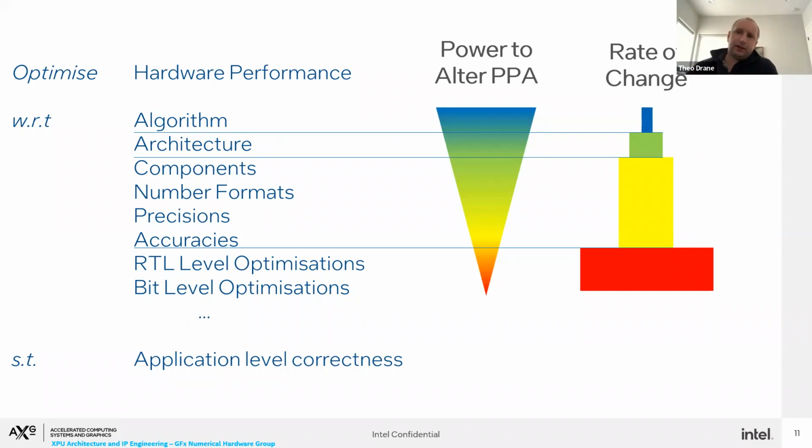And then the other side of it is, what is the rate of change of the hardware? So typically the algorithm isn't going to change that much, or the original application requirement doesn't change that much. But then the architecture can, and of course the precisions may change, the accuracy of the implementation may change. But one of the saddest elements of this as well is there's an enormous amount of focus down at the RTL level, and people haggle over this all the time.